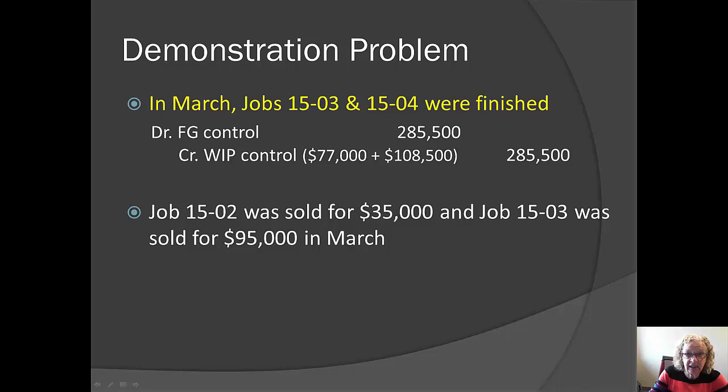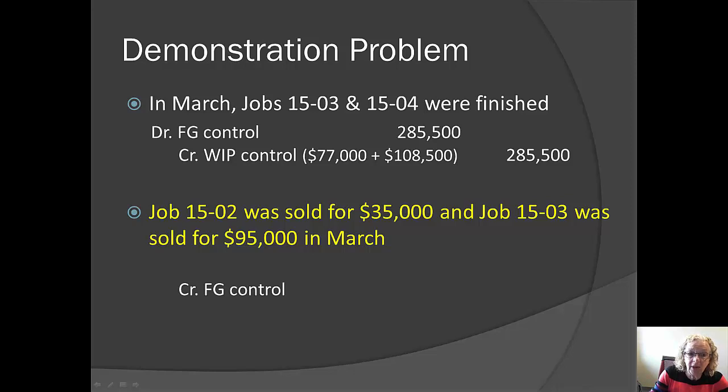Now somebody has to tell us whether any of our jobs were sold. It turns out that during March, we sold job 1502 that was actually finished before March ever started, and we sold job 1503 that was finished during the month of March, and somebody has to tell us how much they sold for. Remember, whenever you sell merchandise, you need 2 journal entries. One journal entry recognizes that we don't have the goods anymore because the customer took them.